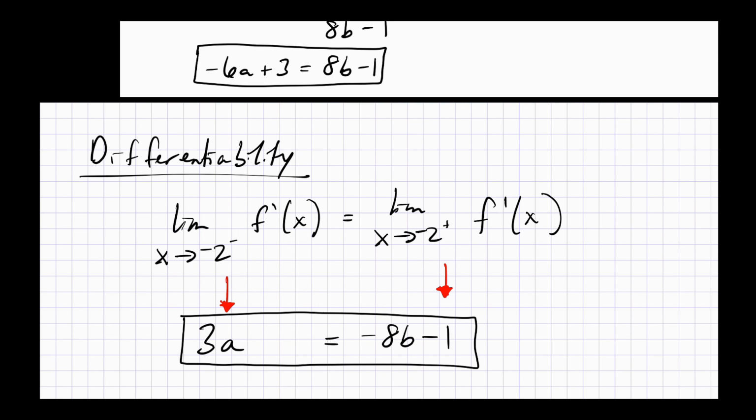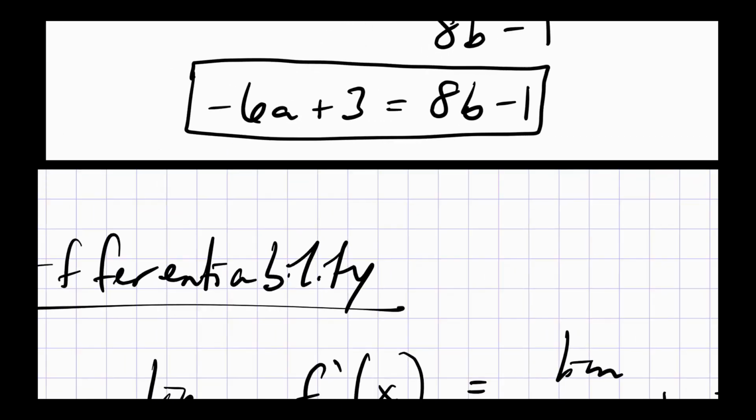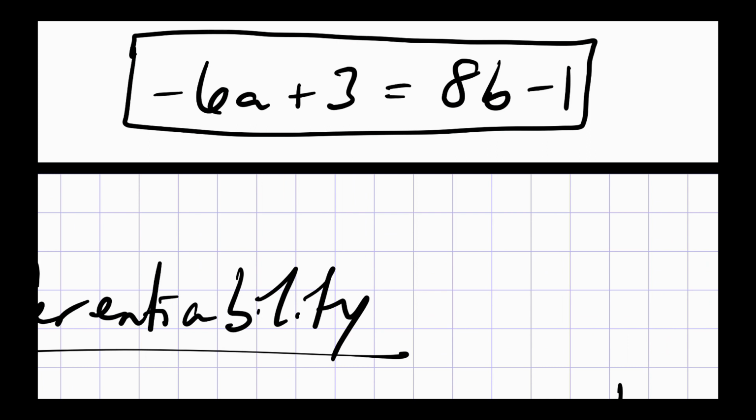What does the original question say? That'll tell me if I'm done or not. I have to figure out what a and b are equal to. Well, this is what we're going to do. We've done this before. Like I said, you did it on the first test, and most of you did this part correctly because it's the same as continuity. This guy here, it's linear. I have a and b. So I'm going to get a's and b's on the same side, and all the constants without an a and b to the right side.